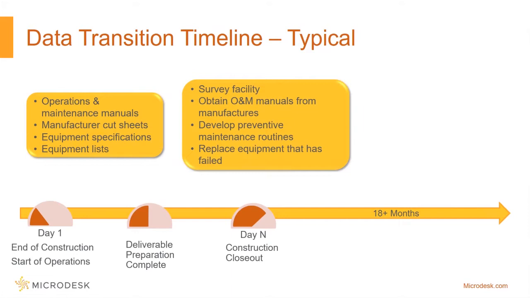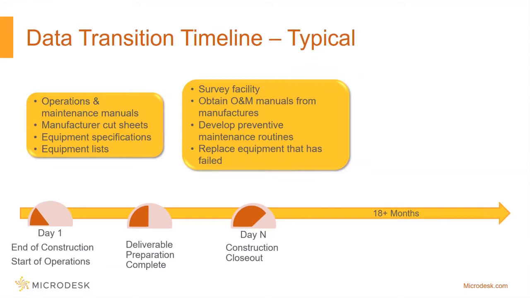But somewhere along the line in that 18-month cycle, the contractors will prepare their deliverables, and then there will be a construction closeout at day N, somewhere in that continuum. In the meantime, the facility maintenance staff have to survey the facilities.